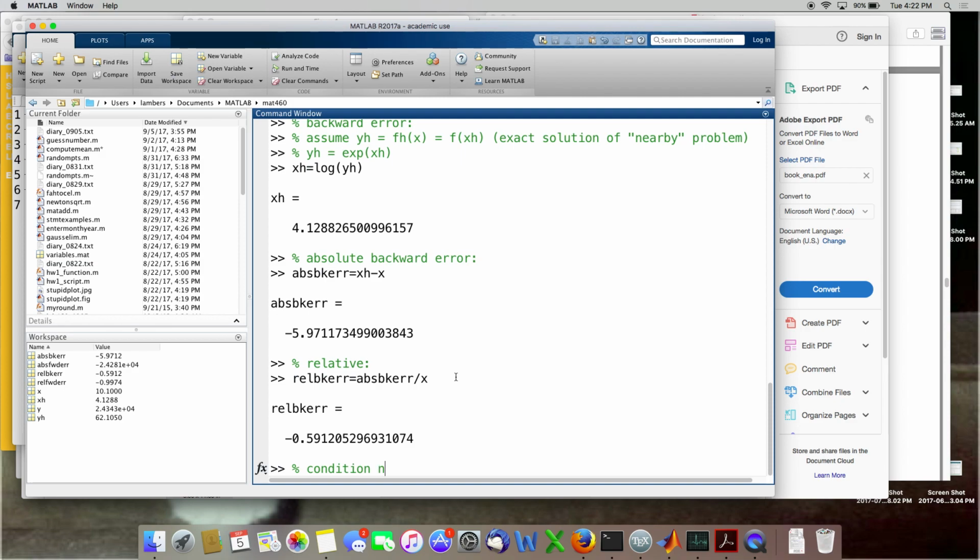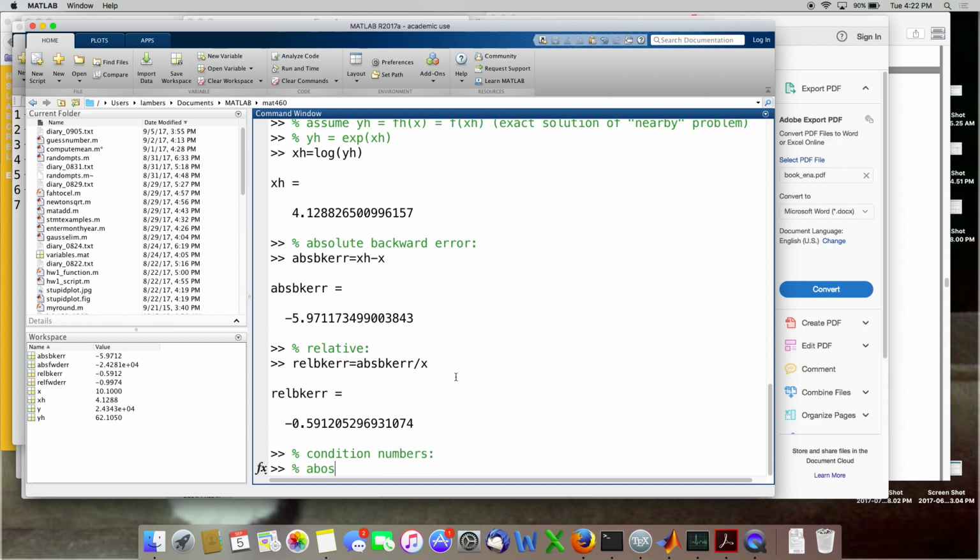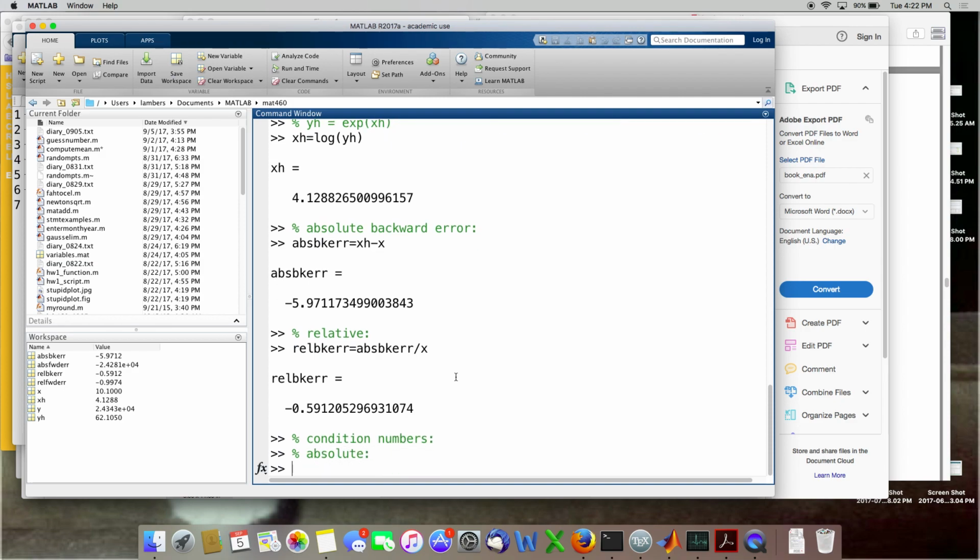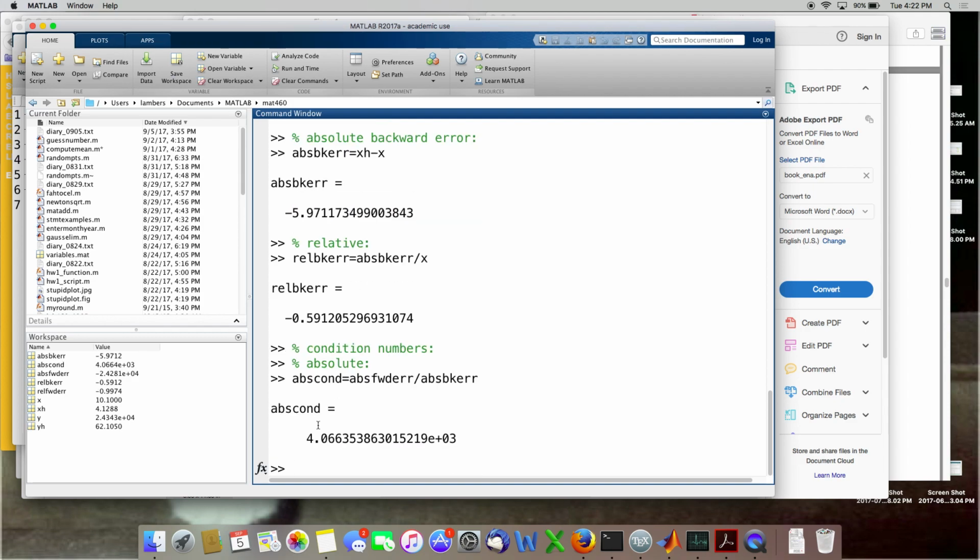So the absolute condition number, that would be the absolute forward error divided by the absolute backward error. Okay, and that's kind of big.